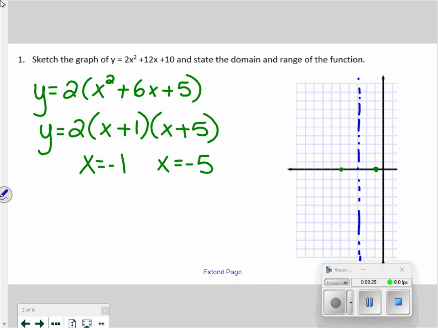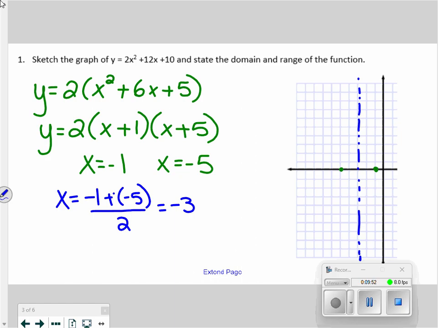If we had hard numbers to work with, all we would need to do is negative 1 plus negative 5 divided by 2. That gives me that value. So if you can't visually pick it up, remember that we're just finding the average or finding the midpoint. If that is my x value for my vertex, how do I find my y?